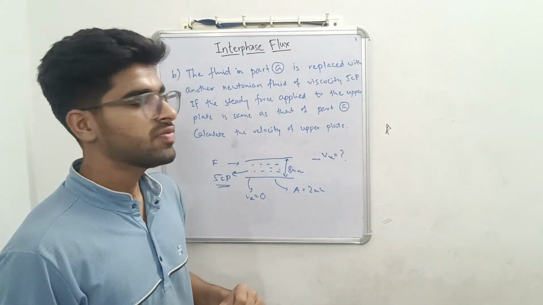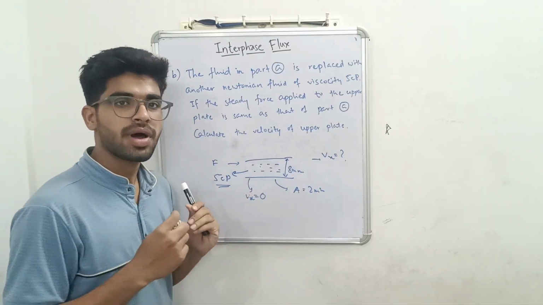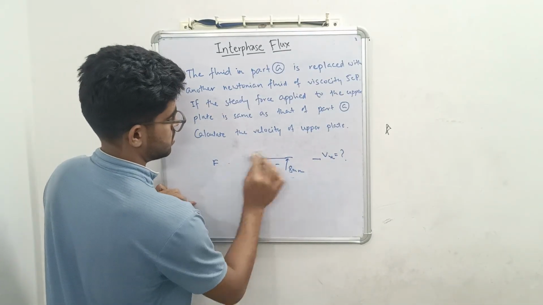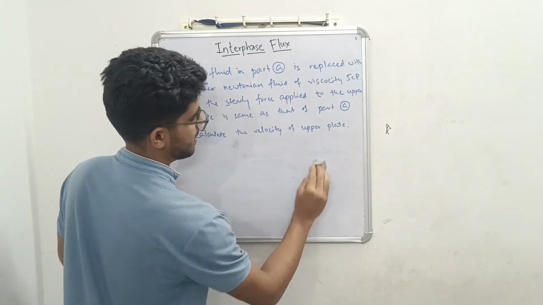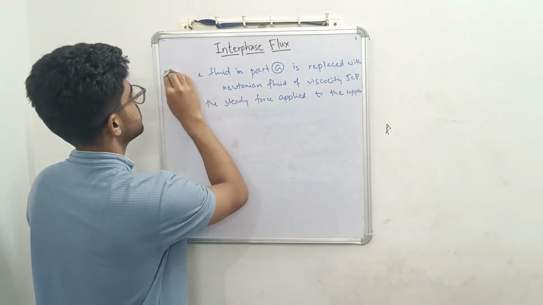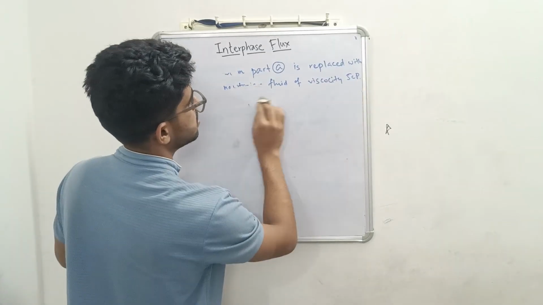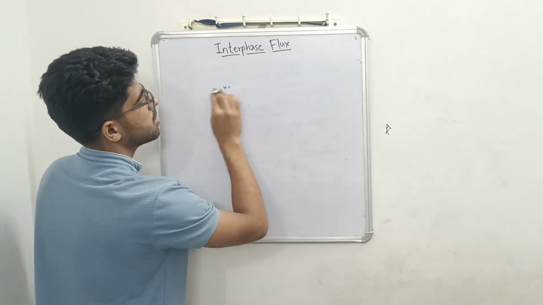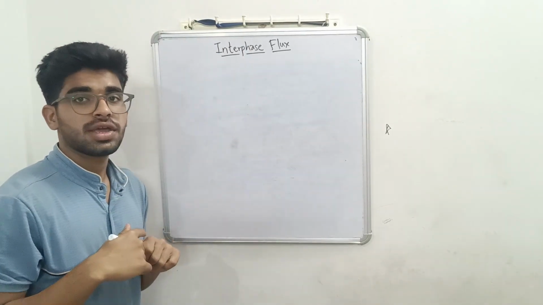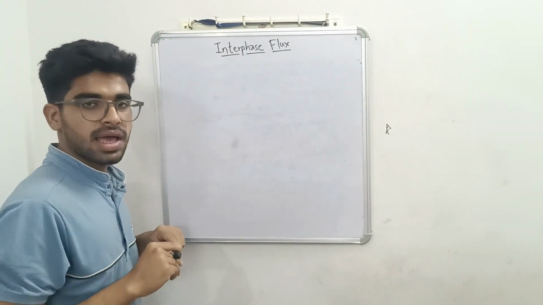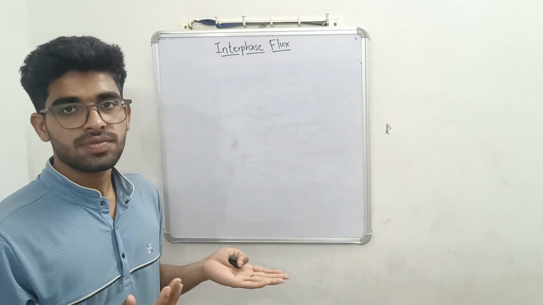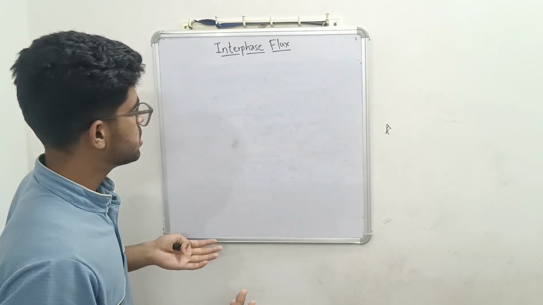So now we will move on to the solution part of part B. The given data for this question is taken from the previous question, the same. Here we have to find the new velocity of the plate.